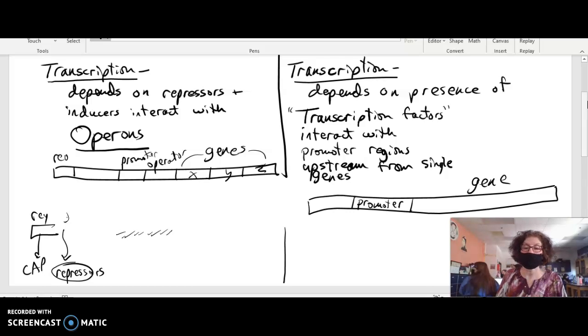And you've got one gene here and only one. Whereas an operon has a promoter too. There's a promoter here, but it might be in control of several genes that have one sort of process in common. Like the lac operon has all the genes that you need to let lactose in and then digest it, right? And you need several genes to do that. But with eukaryotic genes, it's one promoter, one gene. One promoter, one gene, right?